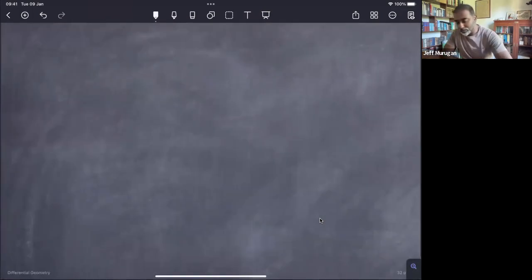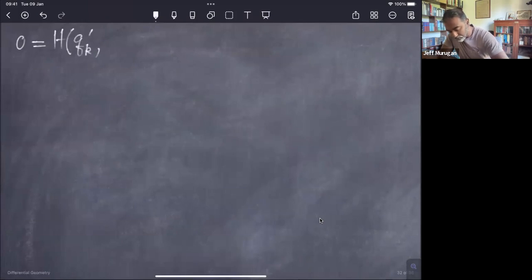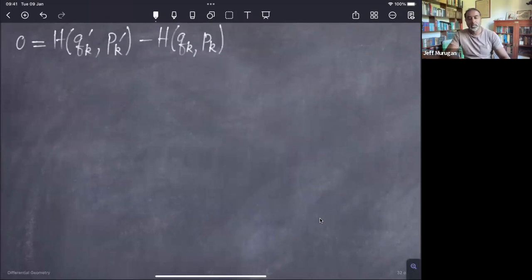So the invariance of the Hamiltonian means that if I take H of qk prime, pk prime minus H of qk, pk, then I ought to get 0, right?